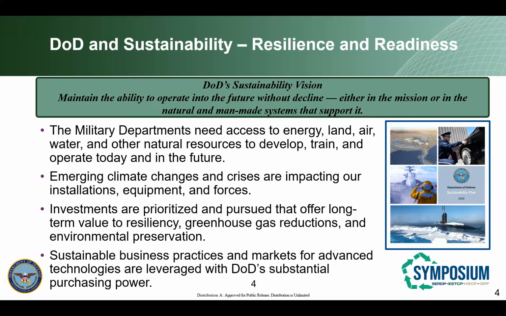So basically, we're saying that the men and women in the military, the artisans in the depots, the folks in the field need to have energy available to them to do what they need to do, which is train and operate today and forever. We've got issues, right? We've probably heard in some of these climate sessions that there's definitely an emerging change to the climate, which is a crisis impacting us, not just our installations, but our equipment and our people. And so we've got to realize that if we're sustainable, if we operate in a more efficient and resilient and ready posture, we'll be able to help address that.